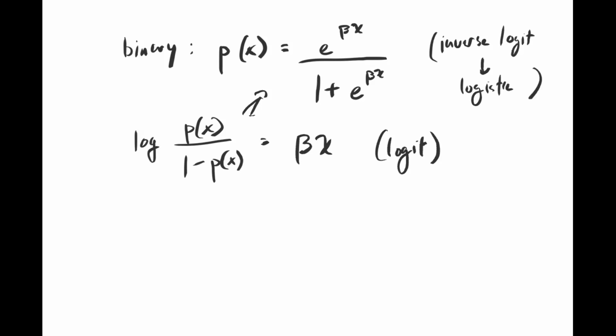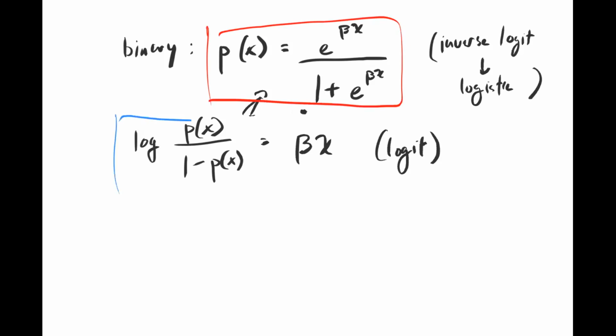So when you do the logistic regression, you are regressing on this equation up here, as opposed to this equation down here, because we can't actually do an optimization on this form. I mean, technically you could, but it would be a lot more difficult. So that's why it's called the logistic. It's just the inverse logit.